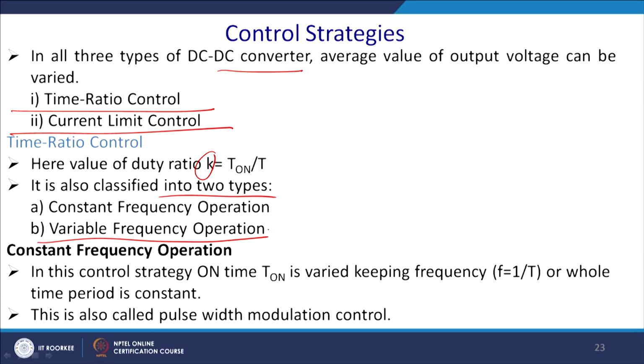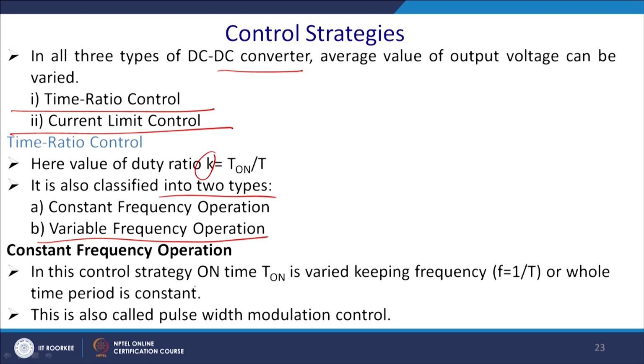Another is the variable frequency operation. Hysteresis control and other controls are variable frequency operations. There you will change the duty cycle, you will change the frequency, and you may also have a constant T on. So, there we change the frequency and we have a variable frequency operation.